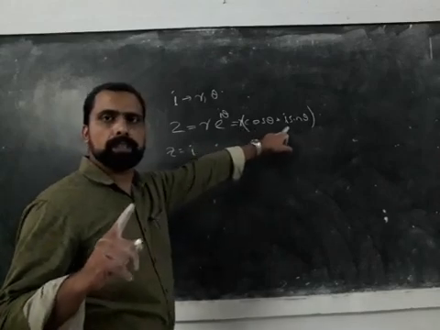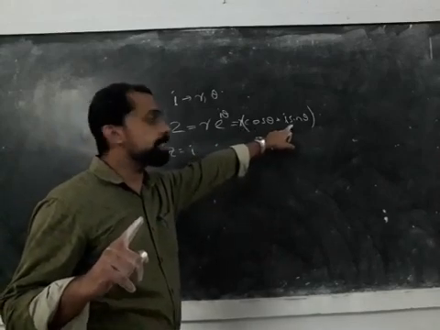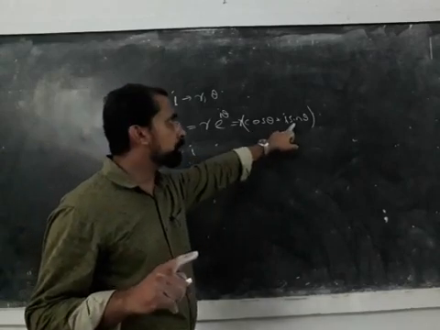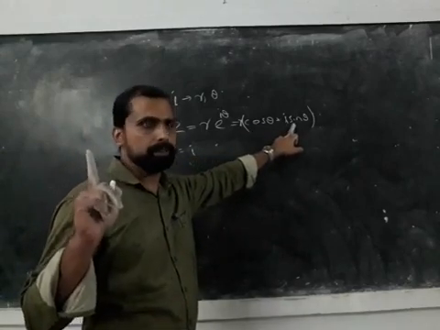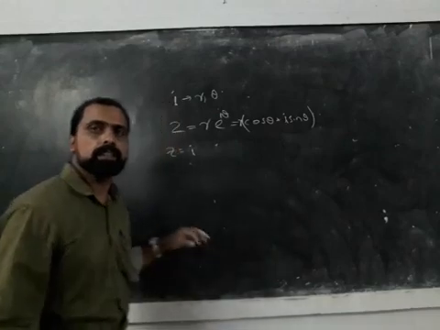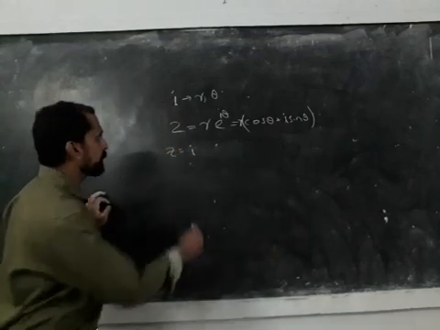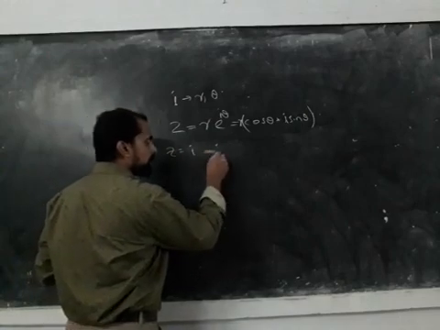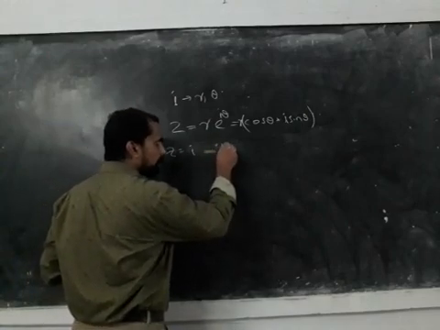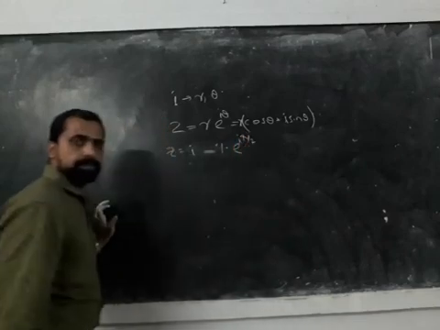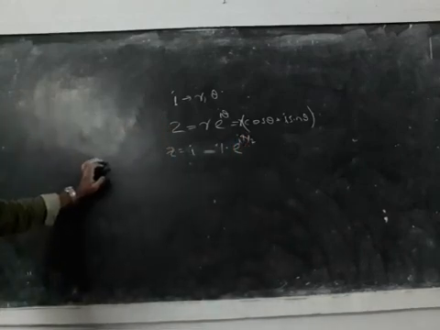And what about theta? Because this term must vanish and this term must get 1, sin theta equals 1 when theta is equal to pi by 2. So you can write i is equal to 1 multiplied by e raised to i pi by 2. Isn't it? Am I right or not?